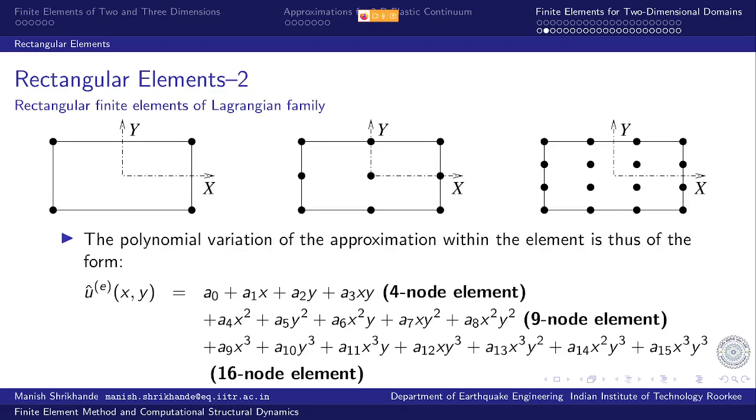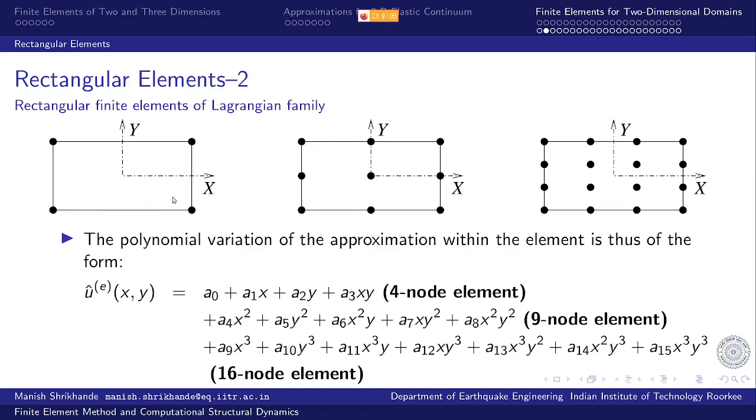So for rectangular elements of the Lagrangian family, if I consider the 4-node rectangle, that is the simplest rectangular geometry that I can have, with the xy coordinate system having its origin at the centroid of the element. The polynomial approximation within the element, obviously there are 4 nodes, so the field variation should have 4 unknown coefficients, which can be uniquely defined in terms of the constraints imposed at these 4 nodes.